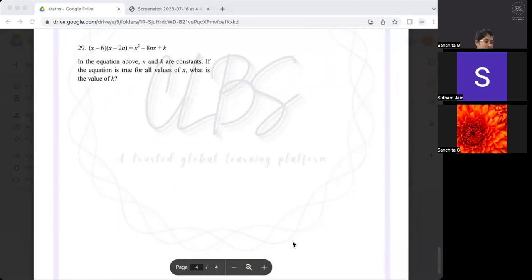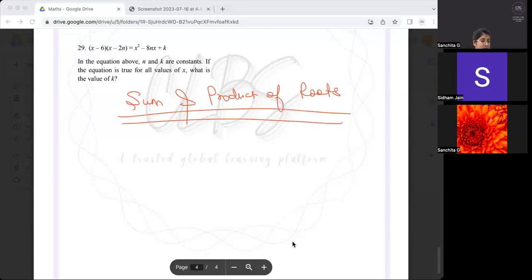Now let's take the sum and product of roots of a quadratic. I have it in standard form, let's say x square plus bx plus c.